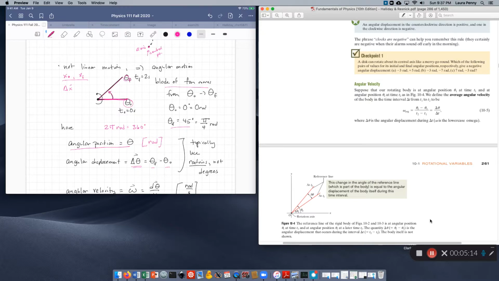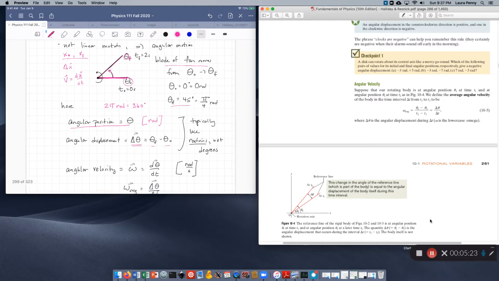We used to have velocity, which was the derivative of position with respect to time. Now we have angular velocity. Angular velocity is written as this funky looking w. It's actually the lowercase letter omega.